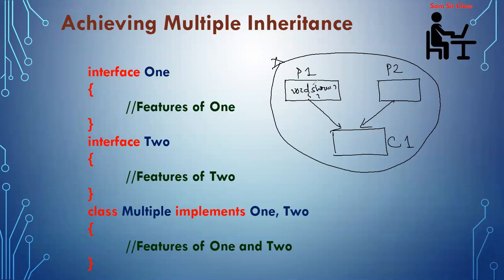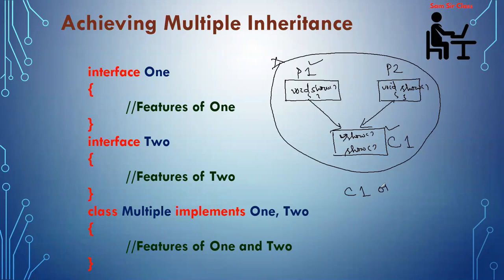Suppose one show method is available in the parent 1 class, and with the same name one more method is available in parent 2. Now, due to inheritance, both show methods will be available to the child class. This is the first error that will be generated: with the same name and same signature, two methods cannot be present in a single class.